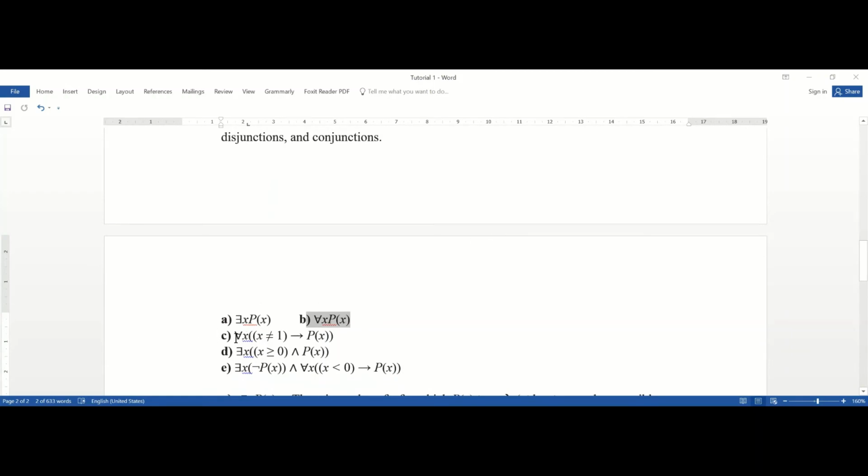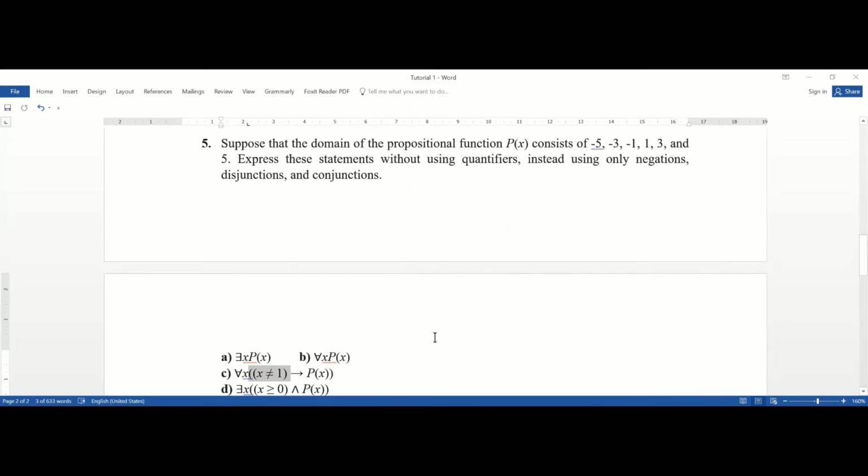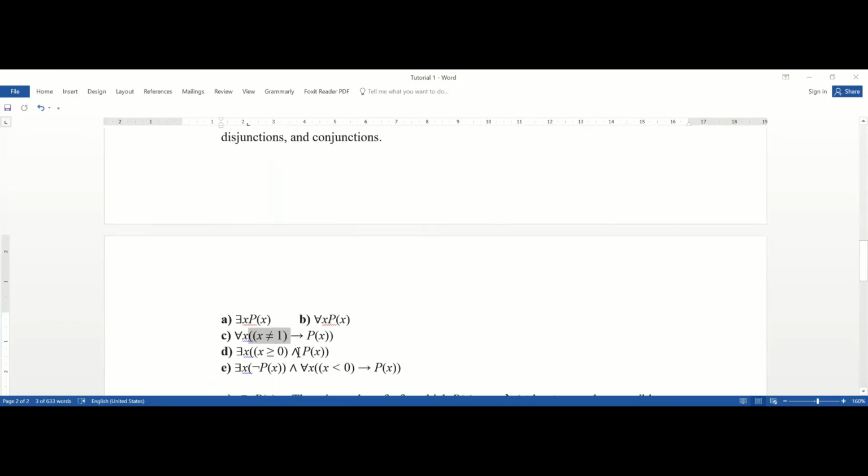This one has a bit of an idea: for all values of x, except something here. If x is not equal to 1, then P(x) is true. For all values of x, we just did it, but we have an exception. The exception says exclude when x is 1. How do I know? When x is not equal to 1, then P(x) is true.